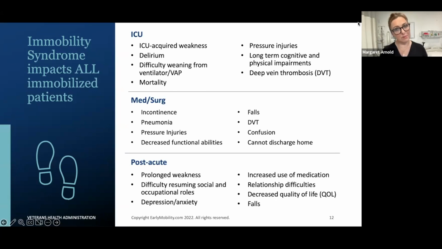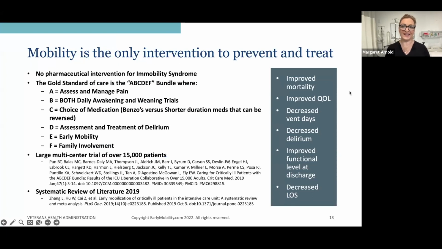We see a lot of depression and anxiety, increased use of medication, relationship difficulties, decreased overall quality of life, and of course, we see falls. And these are all worsened and to an extent caused by immobility-related problems.